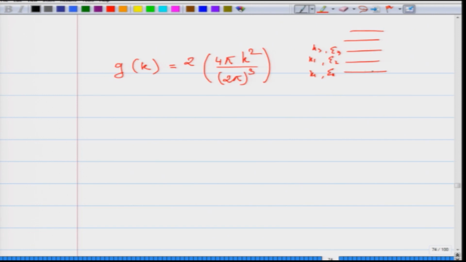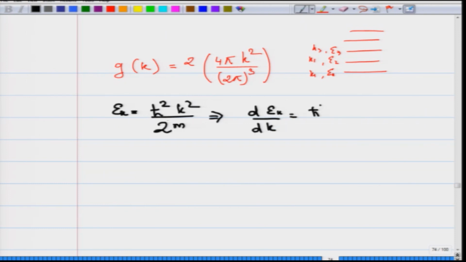So, if you recall that Gk is equal to 2 into 4 pi k square dk divided by 2 pi cube, and Ek is h cross square k square by 2m, which implies that dE by dk is h cross square k by m.